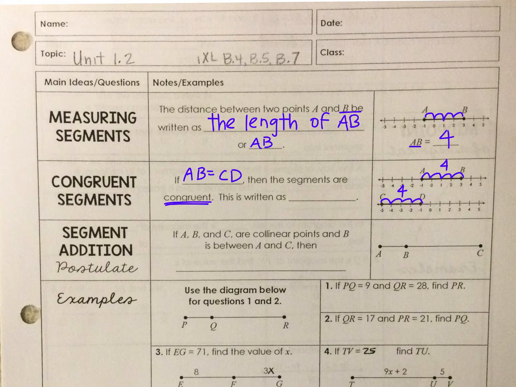So in geometry, we call things congruent, and this is the symbol we're going to use, a squiggle on top with an equal sign. So whenever you see that sign, think equal, they're equal or congruent, okay?